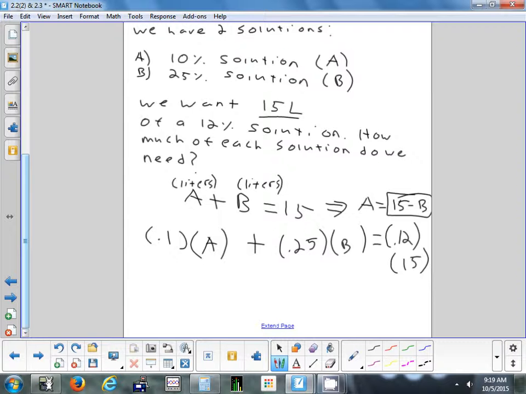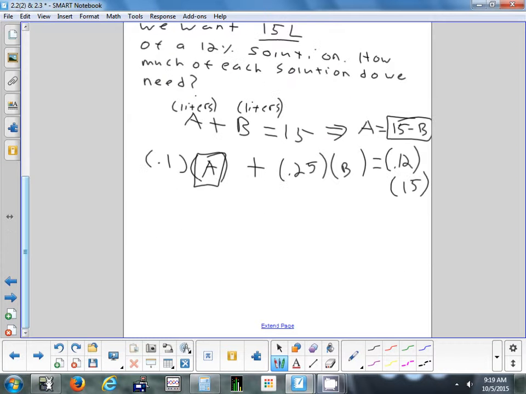Okay. What do I do with that? Where do I put that now? A is in the problem, so 0.1 times 15 minus B. Yeah. Okay. You're going to change A in the bottom equation to 15 minus B. And then we'll solve it.